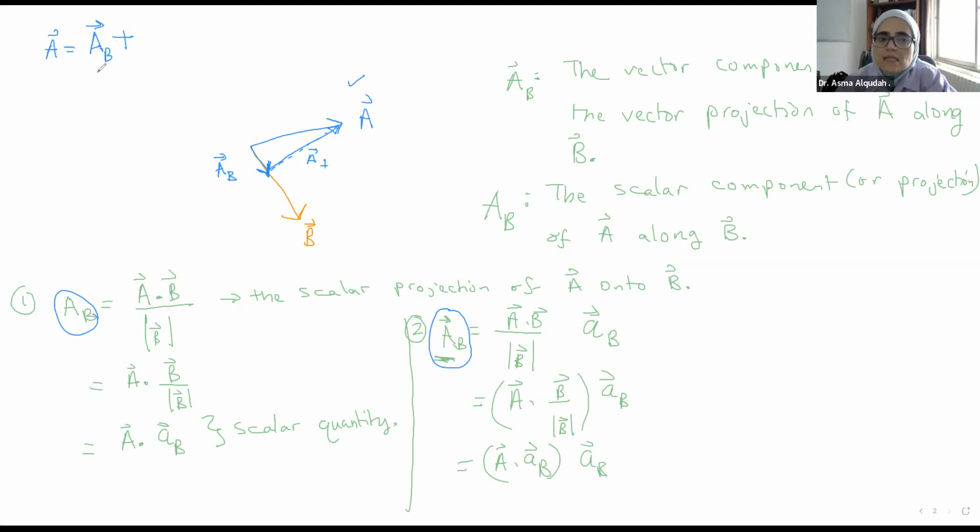The first component is the projection on another vector B, and the other component is the component that is perpendicular to vector B.